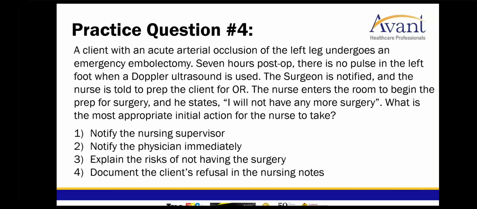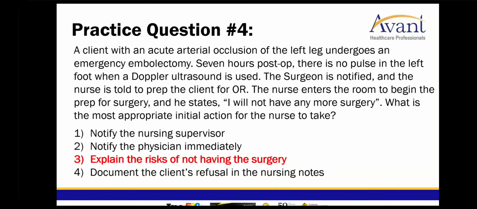All right. So here's a question that is asking about the nurse's role when it comes to patients denying or declining service. So let's take a look at our answer choices. Notify the nursing supervisor, notify the physician, explain the risks of not having the surgery, or document the client's refusal in the nursing notes.